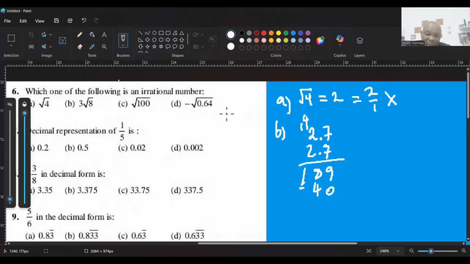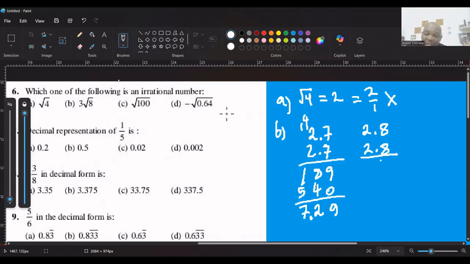So we are getting closer, but not quite there. We get 7.29. That's very close to 8, but not quite. Let's try out 2.8 now. I didn't know that the square root of 8 is quite close to the square root of 9.